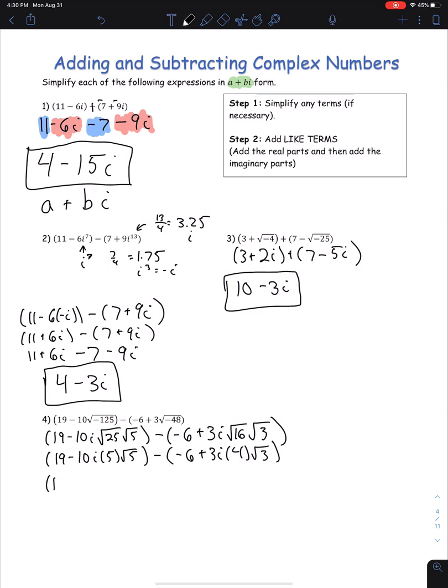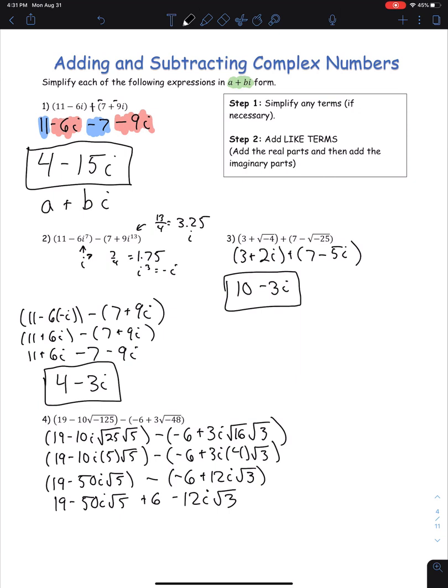So that would be 19 minus 50i rad 5 minus negative 6 plus 12i rad 3. Distribute that negative in. So we're going to have 19 minus 50i rad 5. Nothing changes there. Then once you distribute the negative, you have plus 6 minus 12i radical 3.